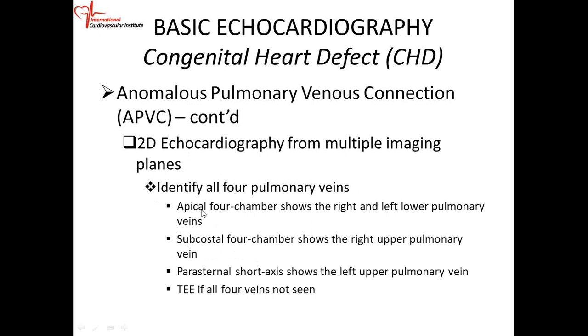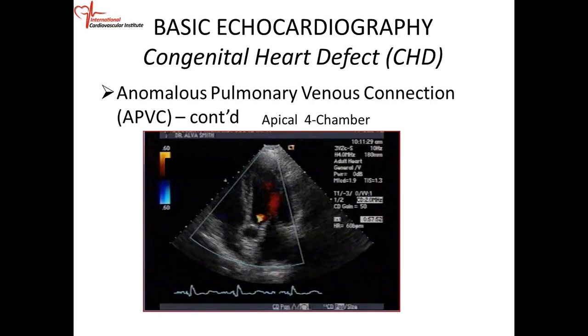With your apical four chamber, you can see the right and the left lower pulmonary veins. And in the subcostal four chamber view, you can see the right upper pulmonary vein. And then in the parasternal short axis, you can see the left upper pulmonary vein. If you're still not sure that you're seeing all four pulmonary veins draining into the left side, then you do a transesophageal echo, okay, to identify them.